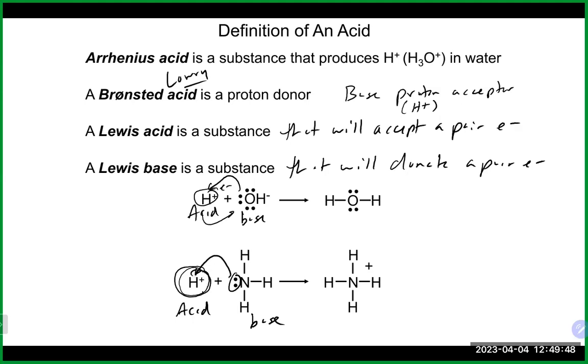The H plus would be donated, and the NH3 would accept the H plus, which would make it the base. So although the definition is a little bit backwards, as in Bronsted-Lowry the acid donates the H plus and the base accepts the H plus, when we're talking about electrons, basically the opposite process occurs, but they both give you the same answer as to which thing is the acid and which one is the base.